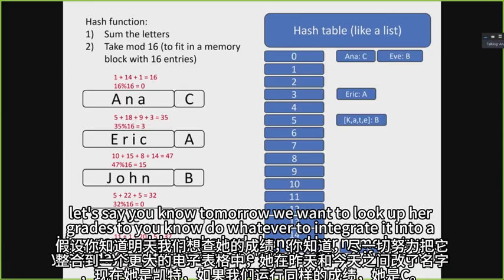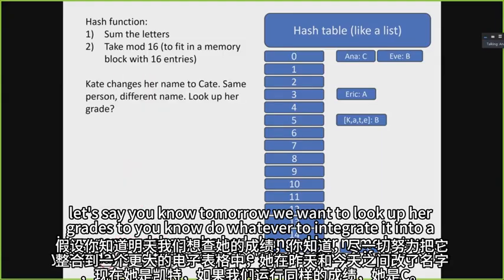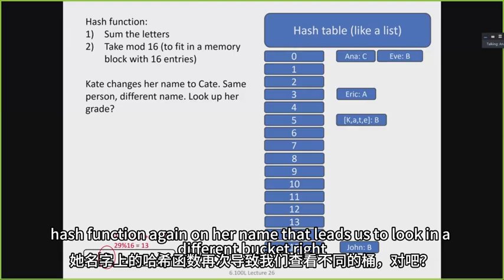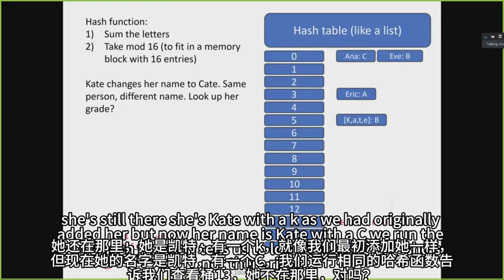Now let's say tomorrow we want to look up her grade to integrate it into a bigger spreadsheet. She had changed her name between yesterday and today. Now she's Kate with a C. If we run the same hash function again on her name, that leads us to look in a different bucket, right? She's still there, Kate with a K, as we had originally added her.